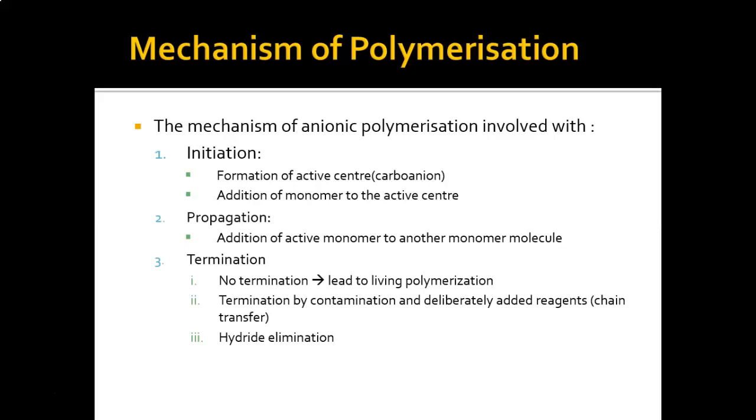In the initiation, it forms the active center called a carbanion. During propagation, there is addition of the monomer to the active center, and then addition of the active monomer to another monomer molecule. During the termination, we have termination by chain transfer. No termination will lead to living polymerization. And we also have hydride elimination.